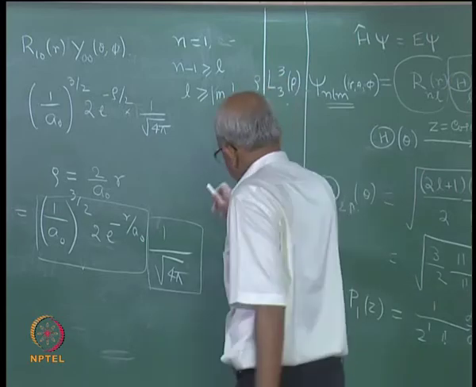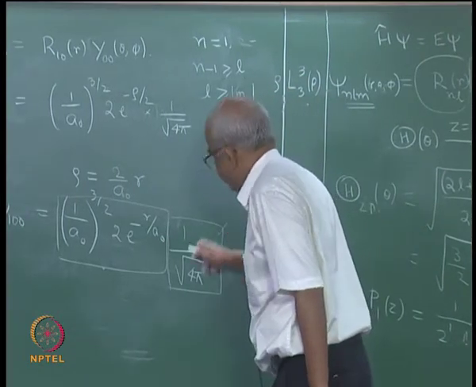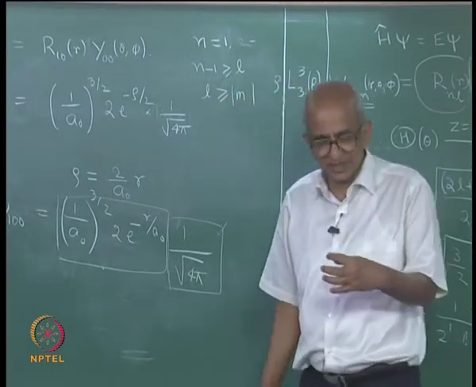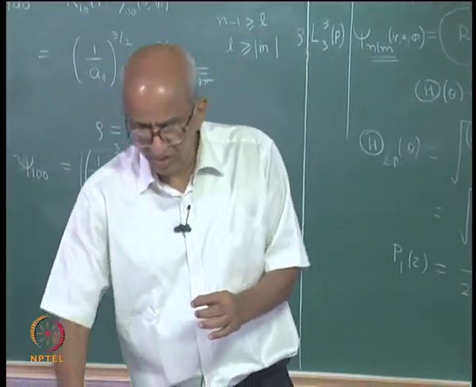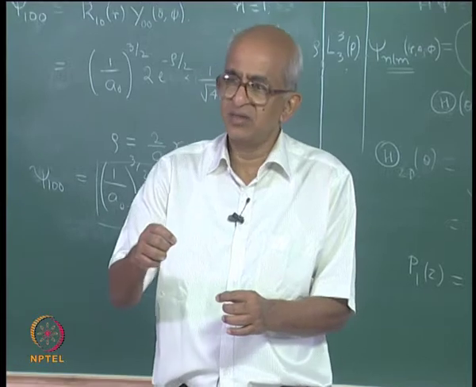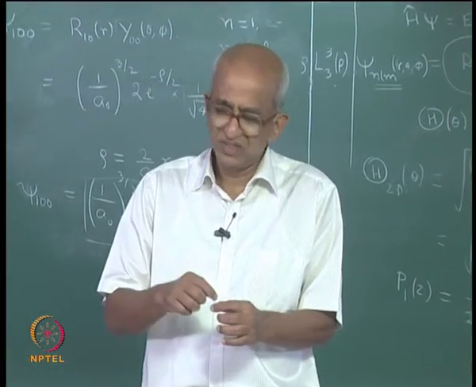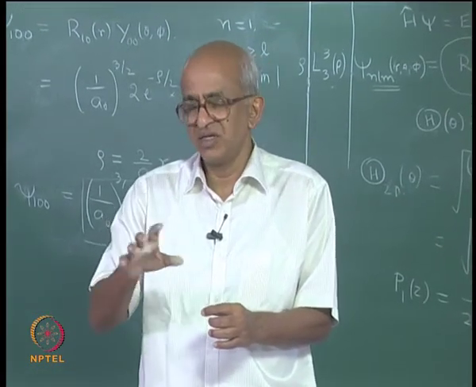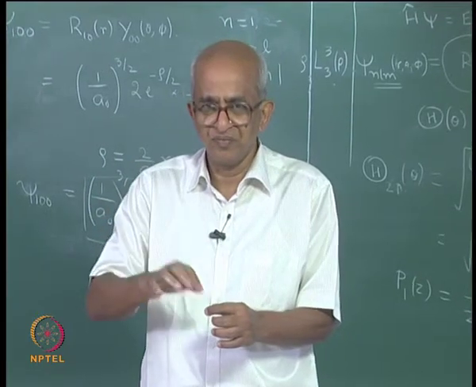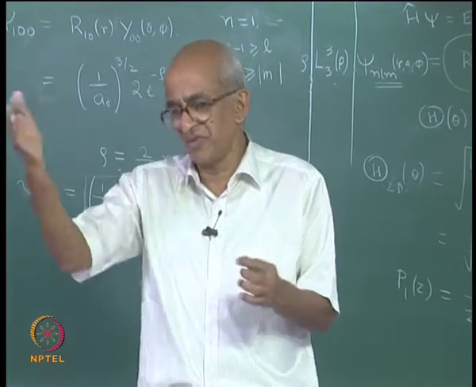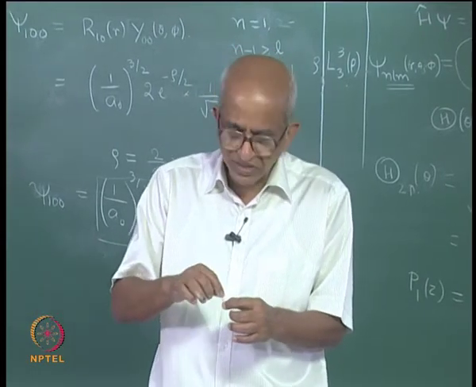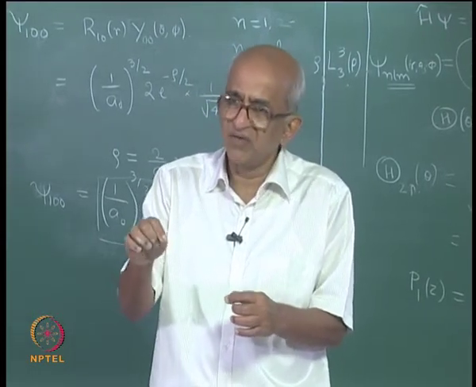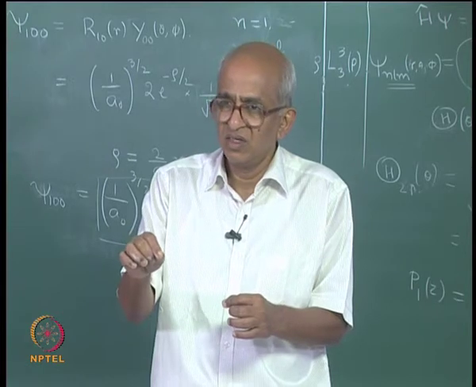Now, you look at the angular part, it is just a constant. This means that if I had the nucleus here and I think of a point somewhere here, let us say the distance is 5 atomic units, sorry 5 A0, right, or maybe let me make it a little bit simpler by saying that the distance of the point is 5 angstroms, right.